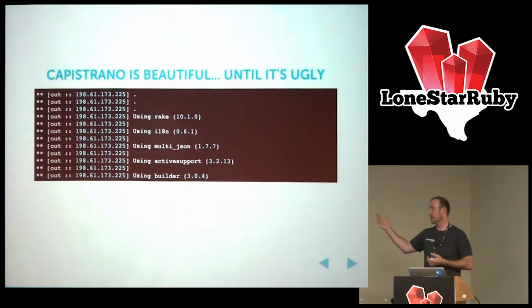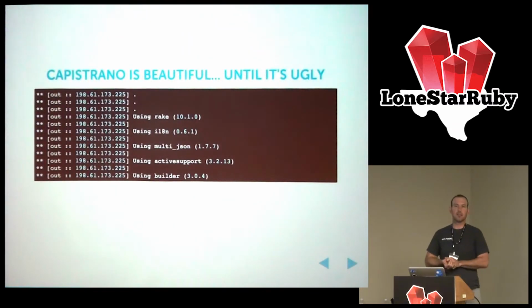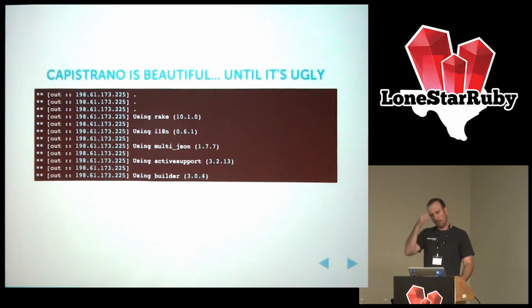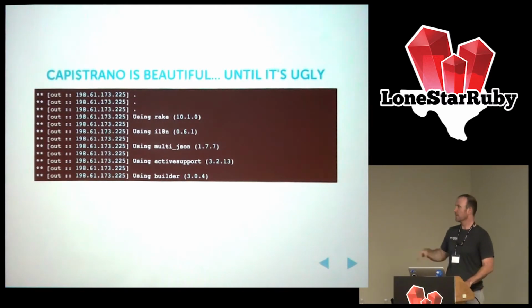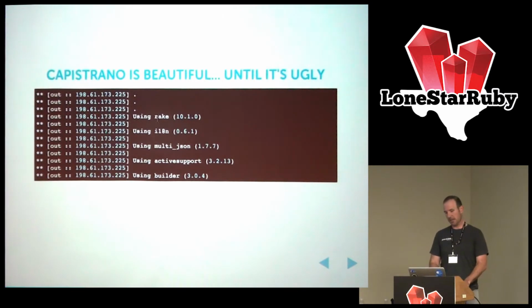An example of this, and I tried to pick one that would maybe not be familiar to everybody, is Capistrano, which is actually a great program. I like it a lot. But Chef is guilty of this, and everybody else. Here you can see the output of bundler gets one dot per line, and it's inserting random new lines.